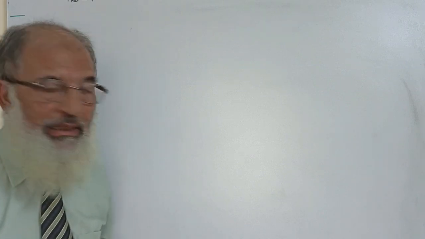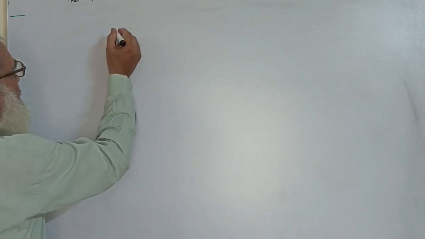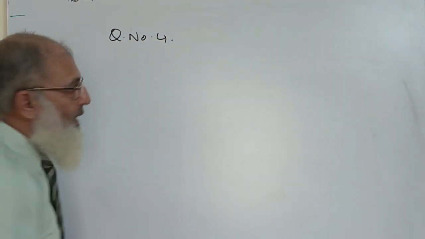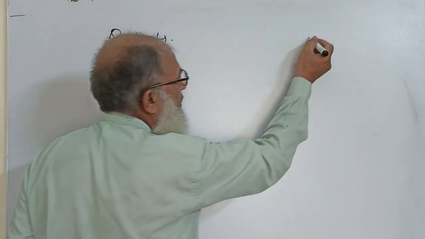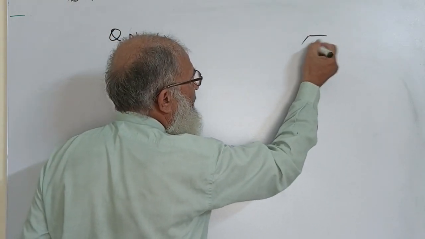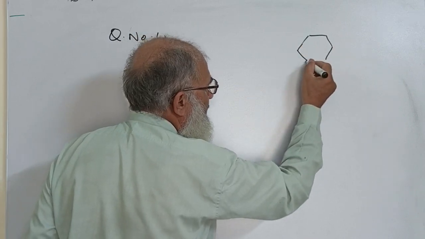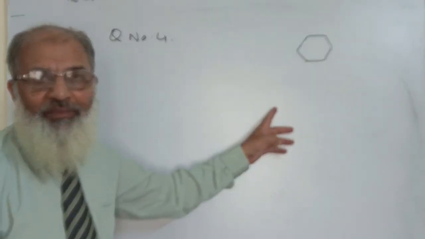Now it is a very easy question, question number 4. It says that the exterior angle of the polygon, let me draw again, for example, a hexagon.